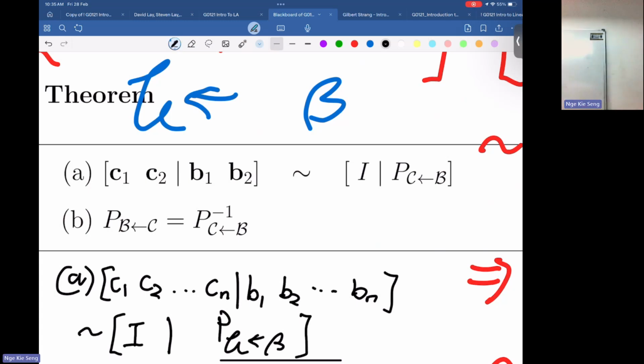This notation suggests how to arrange your matrix: put C on the left hand side and B on the right side. And then the inverse of P from B to C is just P from C to B. You reverse the arrow. Does it make sense? Any questions so far?